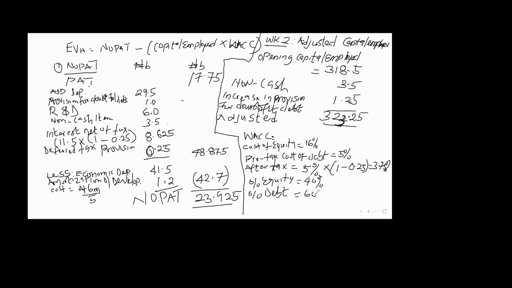My WACC, based on the formula, is equal to cost of equity 16 multiplied by percentage of equity 40%, 0.4, close the bracket, plus cost of debt after tax 3.75% multiplied by 0.6.